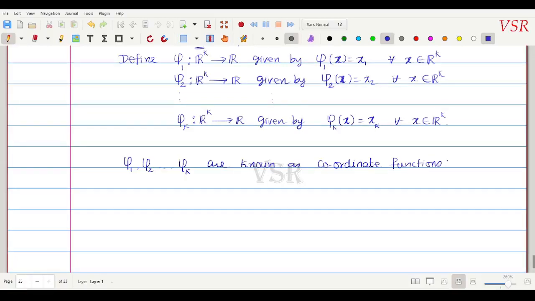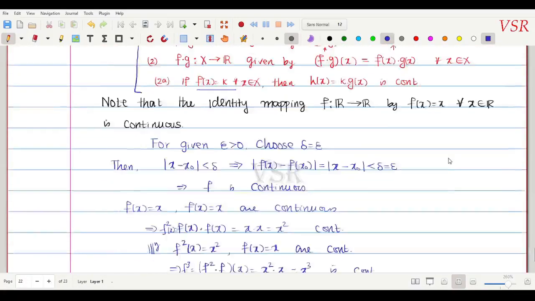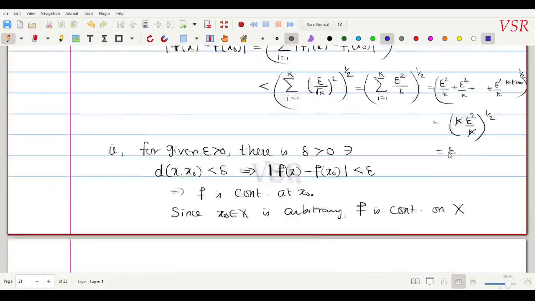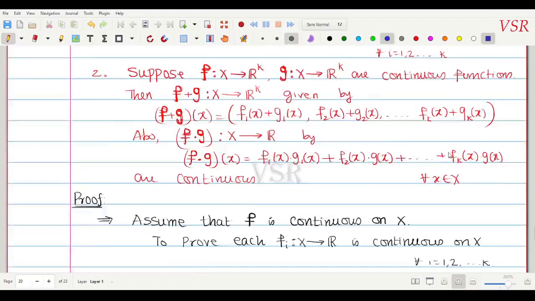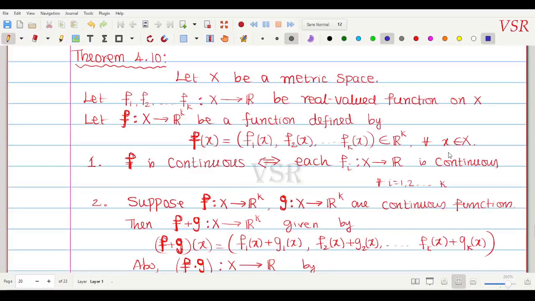And note that இதுக்கு முன்னாடி நீங்க f னு ஒரு ஃபங்க்ஷனுக்கு கோஆர்டினேட் ஃபங்க்ஷன் படிச்சிருப்பீங்க. ஓகே, இங்க இருக்குங்க these functions. Okay, this is called f1, f2, fk. இதுக்கெல்லாம் பேர் வந்து என்னன்னா these are called the coordinate functions of f.